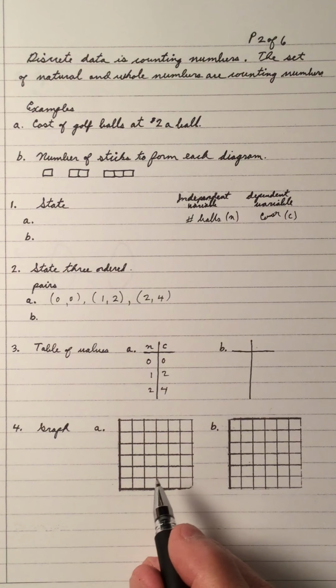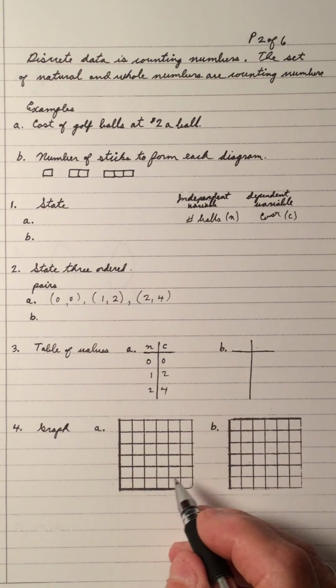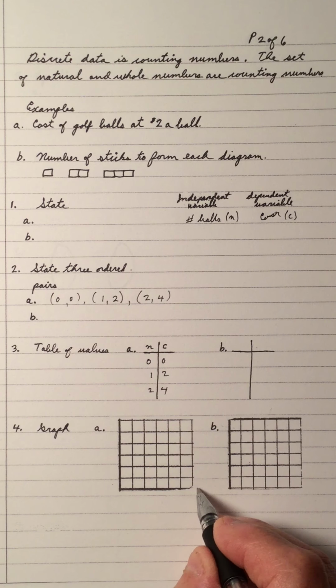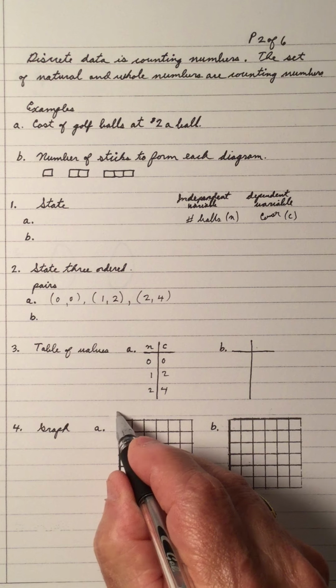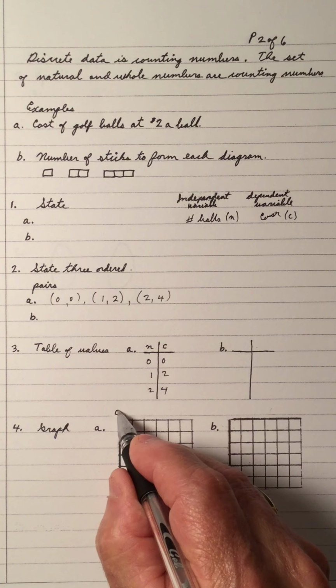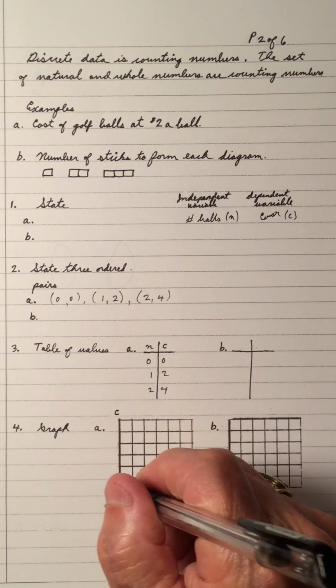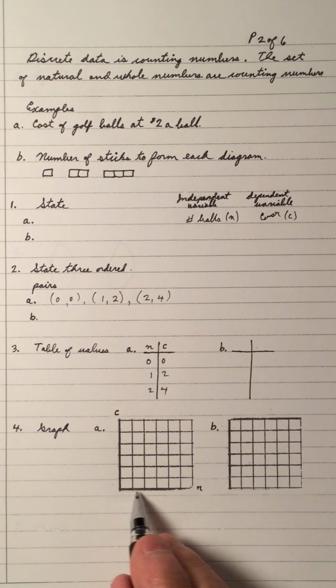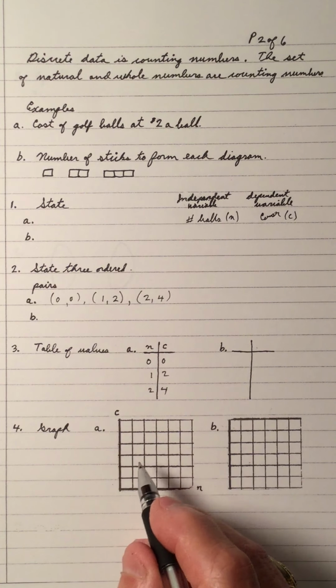And when you do the graph of this relation, your horizontal axis is your independent, which is N, and your vertical axis is your C, your cost. So the independent, the number of balls, gives you the cost.